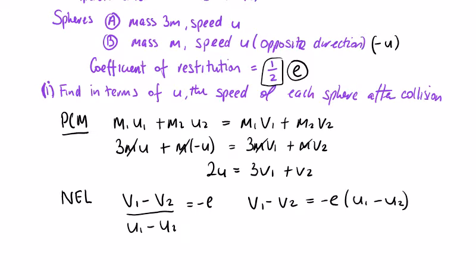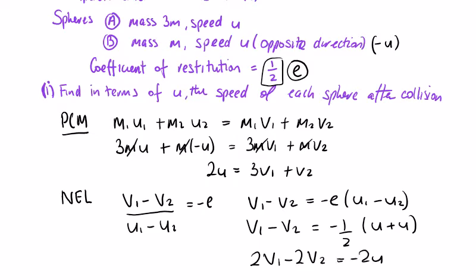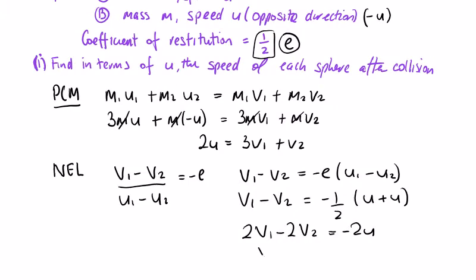So we fill our information in. v1 minus v2 we're looking for equals minus a half by, one was u and one was minus u, so u minus minus u is going to give me u plus u. So we're going to get 2v1 minus 2v2 is equal to minus 2u. I'm going to divide across by 2 here. v1 minus v2 is equal to minus u.